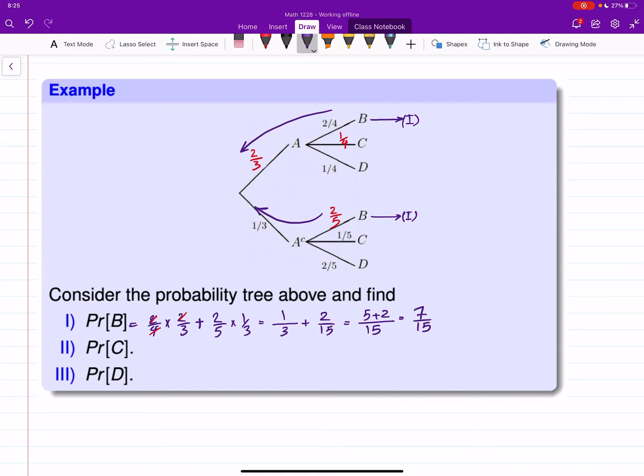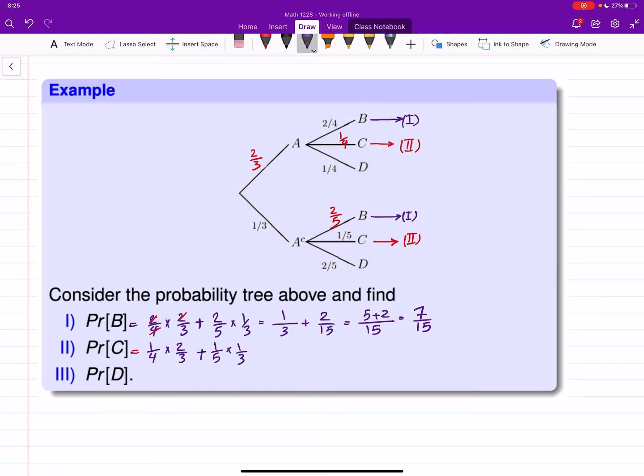For the second one, the probability of C, you see that there are again two paths ending at C. So what we will do is find the probability of each one of these paths, which is 1 over 4, the first one, times 2 over 3, and 1 over 5 times 1 over 3.